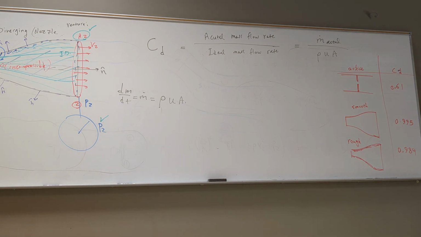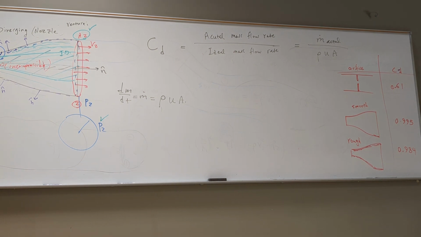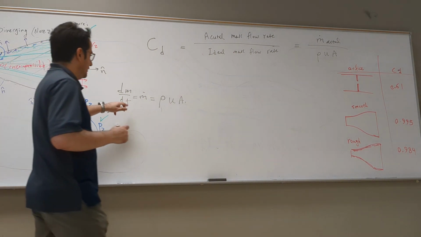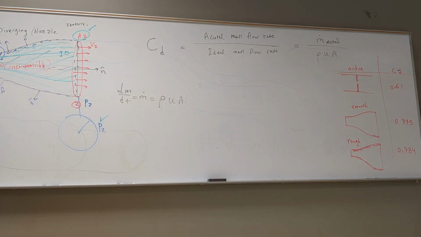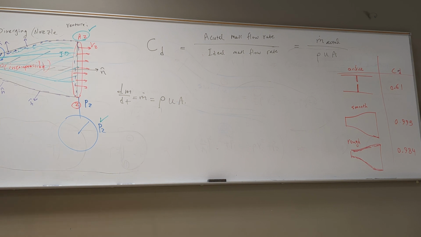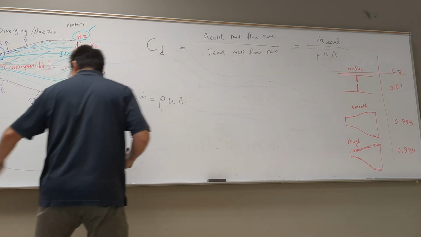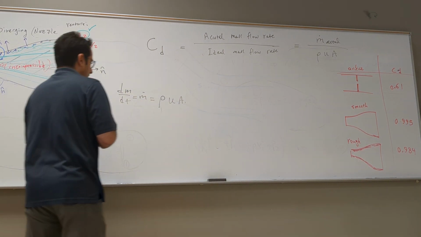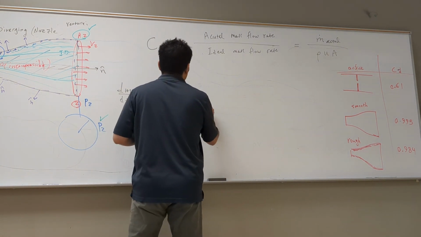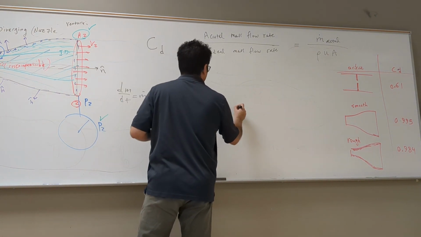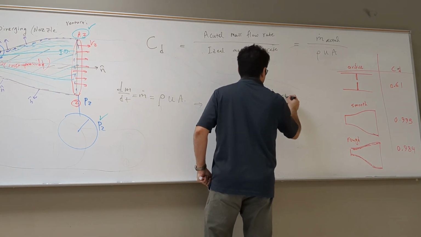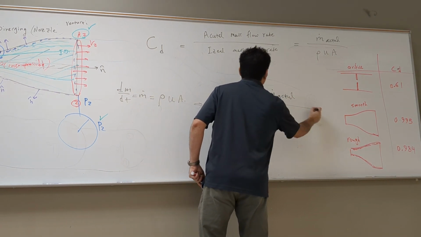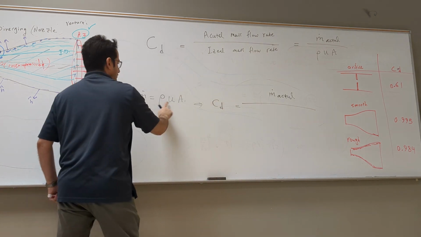Let's put this in the final form. So here, on this equation, Cd is equal to m dot actual divided by the mass flow rate, which is rho UA.